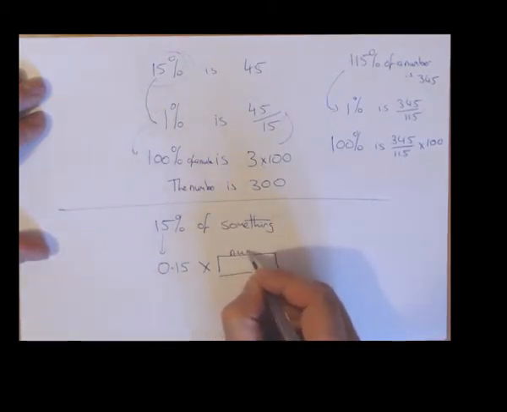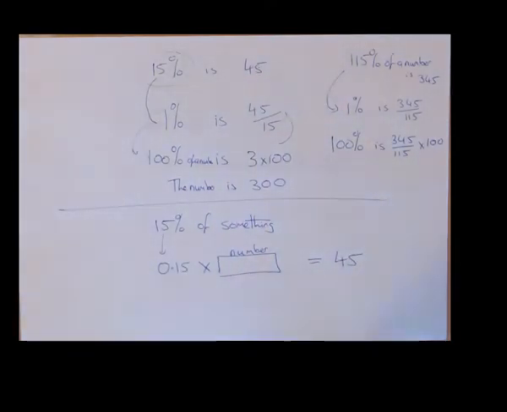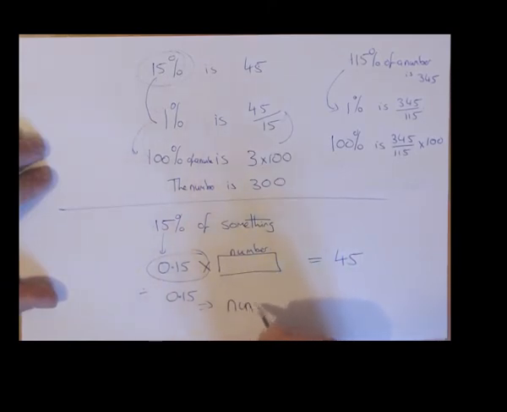We don't know what the number is, but we do know that the answer is 45. The question then is, how do we reverse it to find the number? Well, the opposite of multiplying is going to be dividing. So we divide by 0.15. That will give us the number equals 45 divided by 0.15.